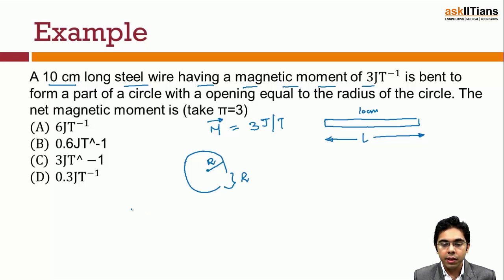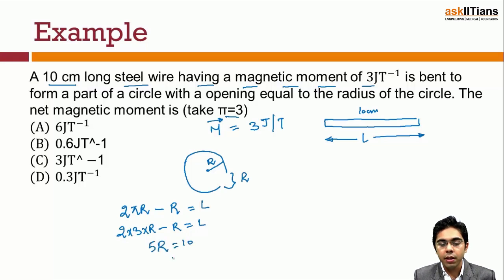So what we can say from this is, can I write this as 2 pi r, that is the circumference, minus the small opening r, equals the complete length L. Taking pi equal to 3, we get 2 into 3 into r minus r equals L. So 6r minus r, that is 5r, comes out to be equal to 10, so r comes out to be 2 centimeters. This is what we get.